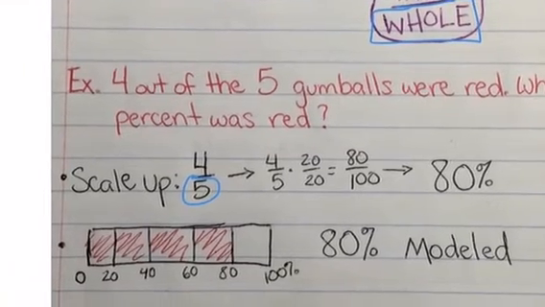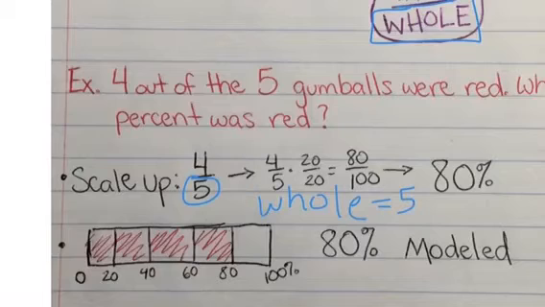So when we come to draw our model, the whole model, the entire rectangle, is going to have 5 sections. 1, 2, 3, 4, 5. So the whole is going to equal 5 boxes, which is going to equal 100%, because a whole is always 100%.